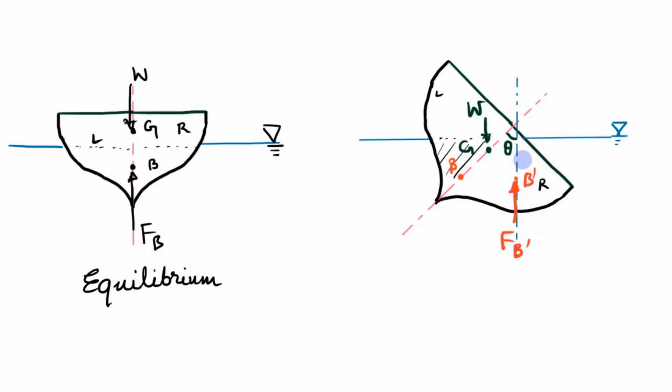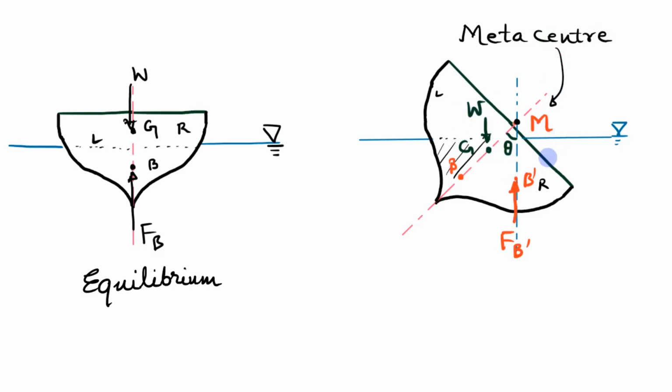Now let's say this vertical line on which Fb dash acts intersects the BG axis at this point, let's say M. For small angular displacement theta, the point M is practically constant in position and is known as the metacenter. So M is called the metacenter.